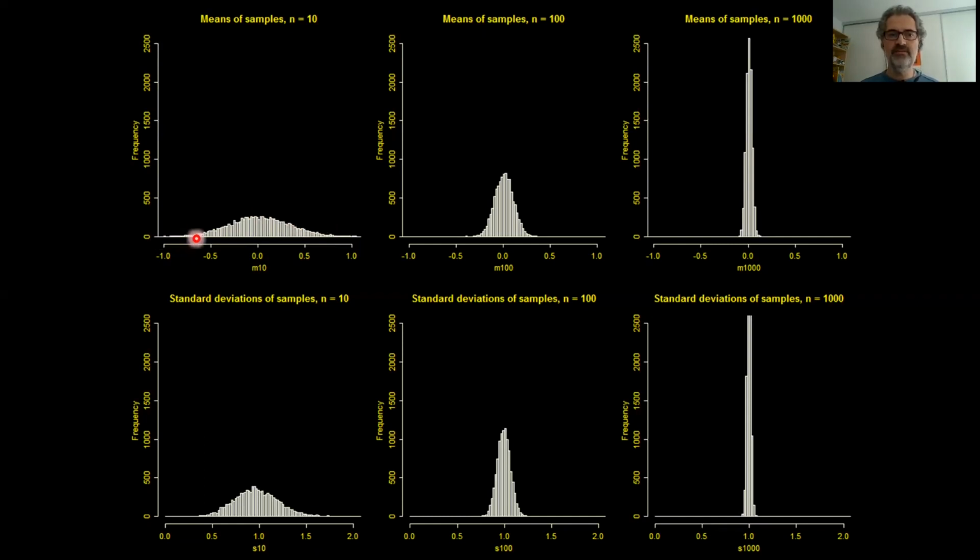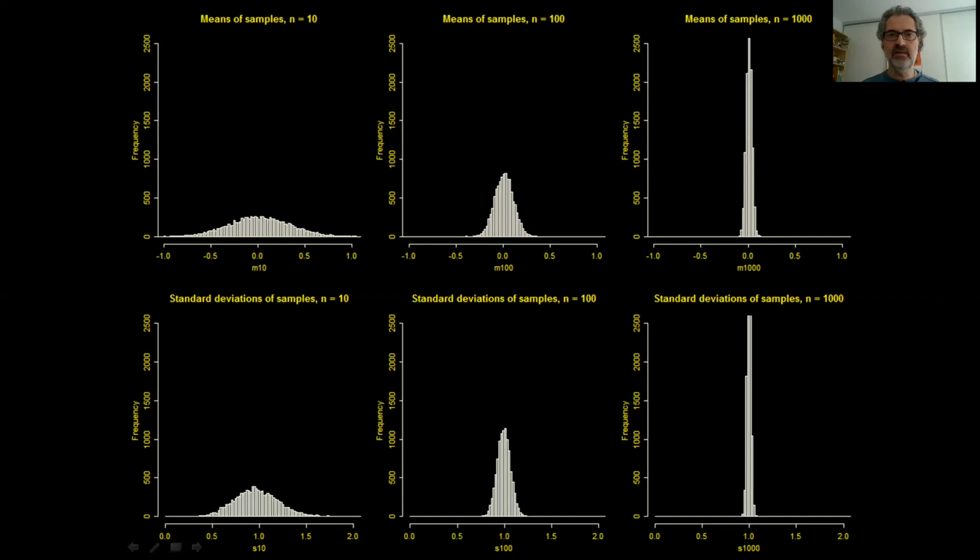So for this set of numbers, which are means of samples, this is a sampling distribution, we can calculate their mean, the mean of all these, and their standard deviation. So the mean of means of samples of size 10 and the standard deviation of means of samples of size 10. And here, the mean of these means and the standard deviation of these means.